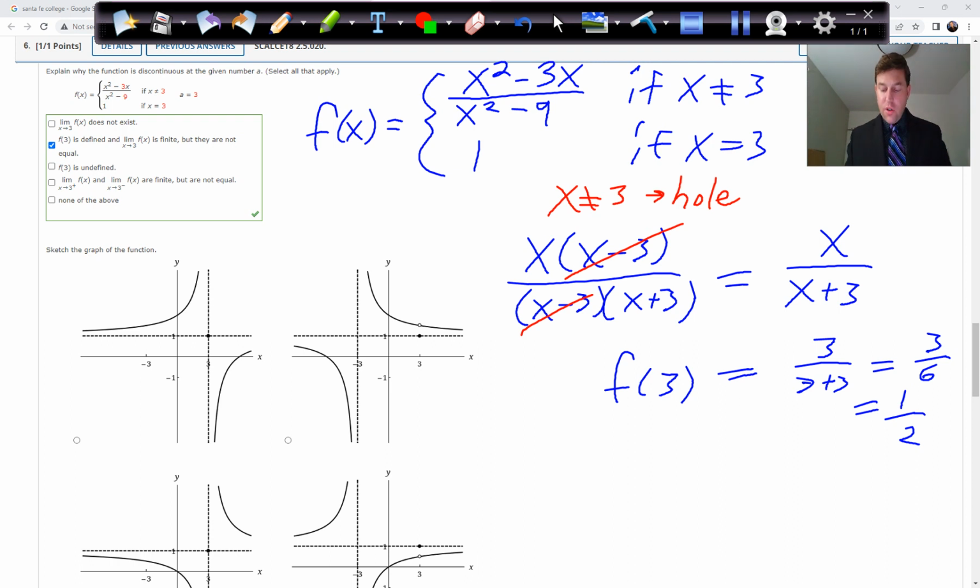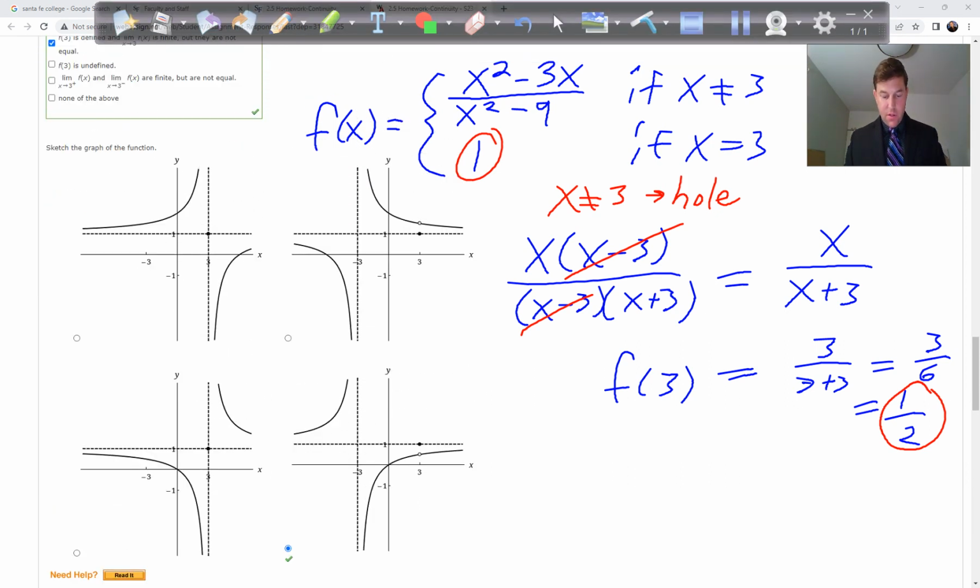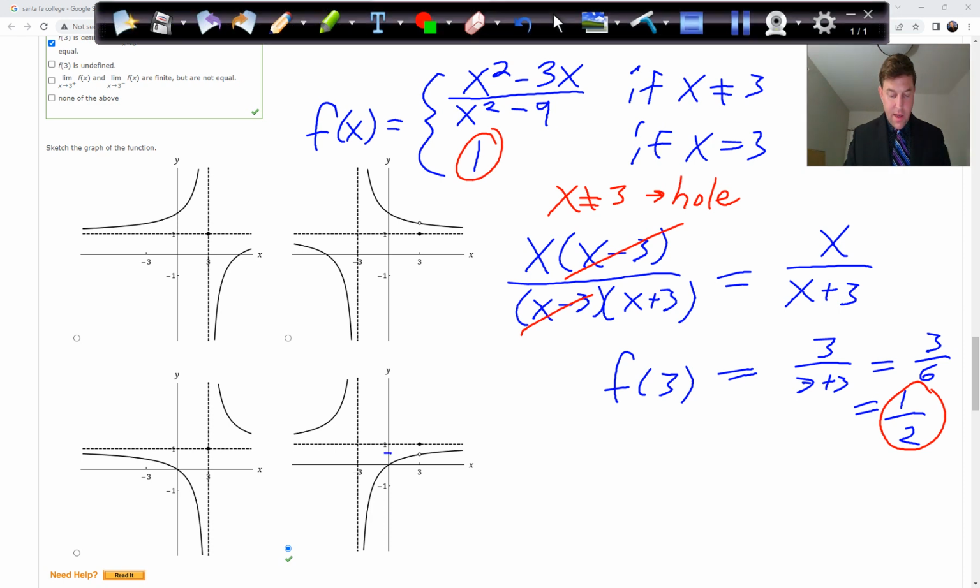Okay, now the value should have been 1/2, but they're saying no, use 1 instead because this function was technically not defined at x equal 3. So how does that show up? It's actually easier to look at the graph probably. So the correct graph is right here, the bottom right one. And so what we see is at x equal to 3, you should have had 1/2 in the y, but it's a hole.